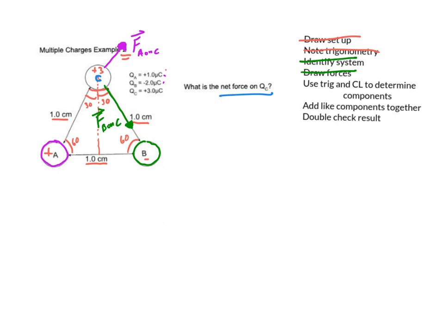I'll start with F of A on C. Just the magnitude is going to be k QA QC divided by r squared, which is 9E9 times 1E negative 6 times 3E negative 6, all divided by 0.01 squared.